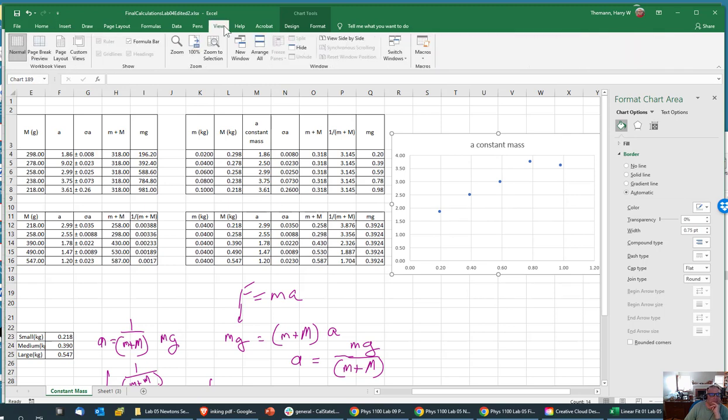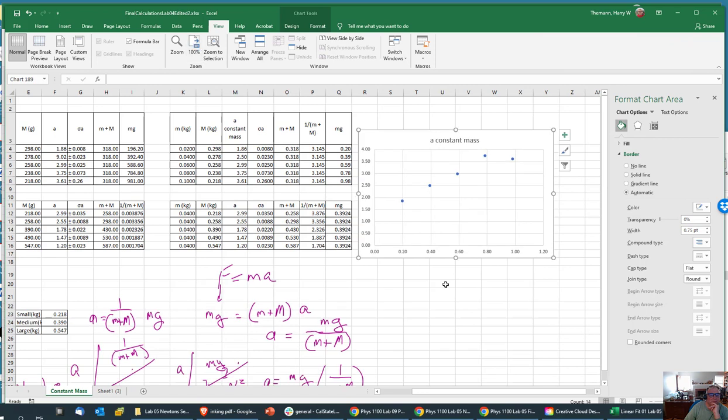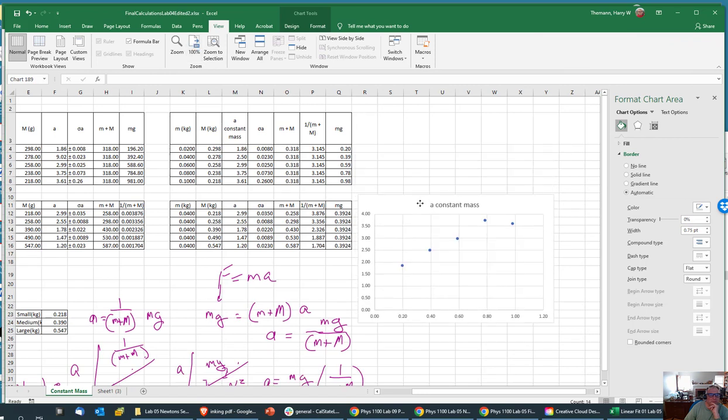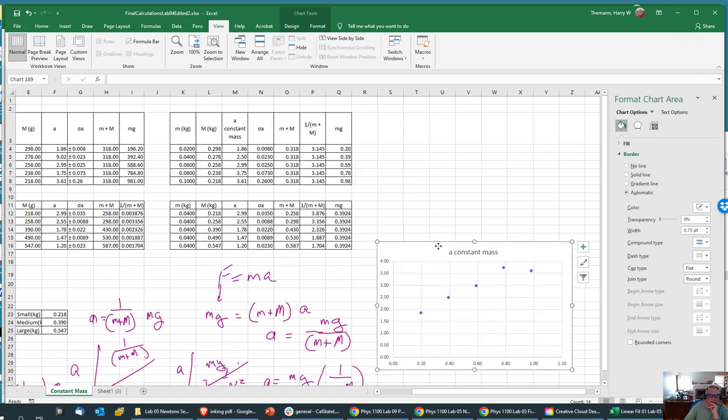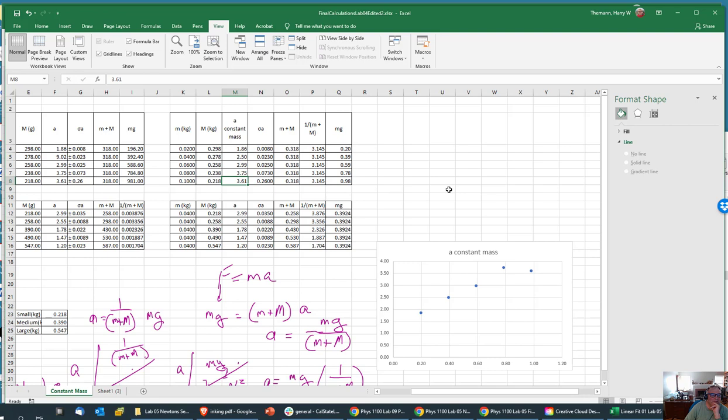Let's see if I say one, yeah, that makes it a little more room. Okay, so something's not really good with this. Right, I see it. That really should be more. Let's just call it 4 for the fun of it. That makes our graph look a little nicer.